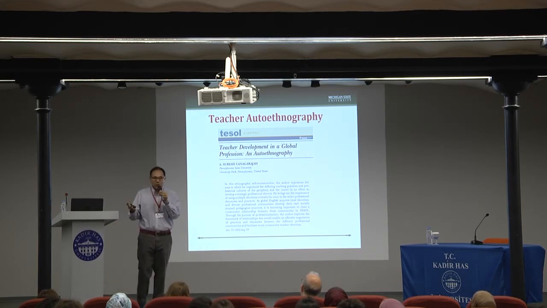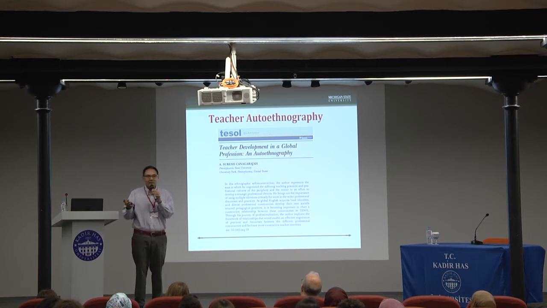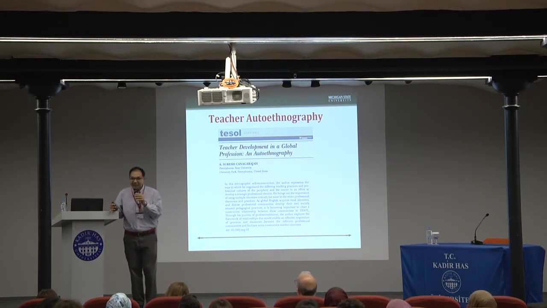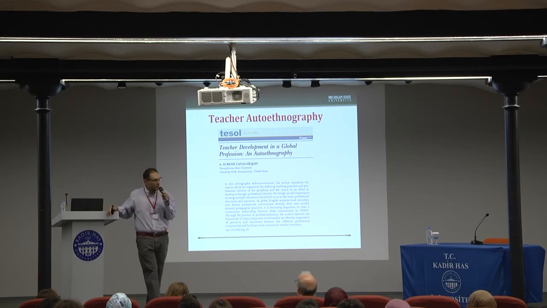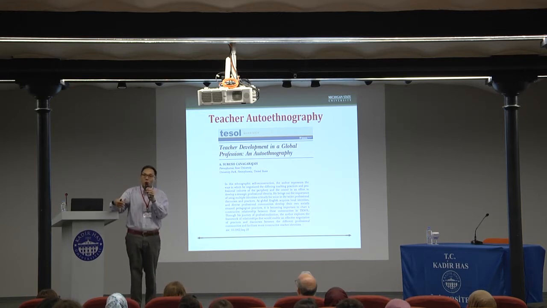Then he moved to New York, and the same thing happened about 15 years later. His head of department at the university came to observe him teach. And he said, you're not doing a very good job. But that time, he had already gotten his PhD, and he wrote a counter report to his head of department and said, this is the literature on code switching. And it's seen as a resource in the classroom.